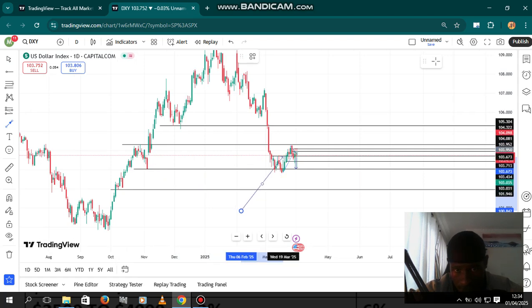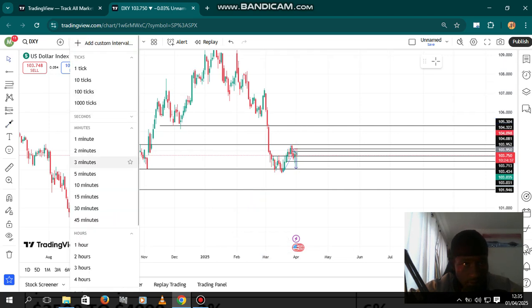Then it was broken here, and currently we can say it's a retest to this level, but we'll zoom in to see what is happening. So it's either the market will come down here or even come here, or it will shoot up there. So let's see on the lower time frames.